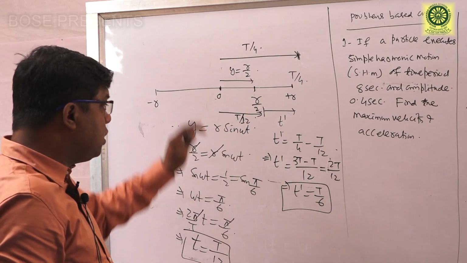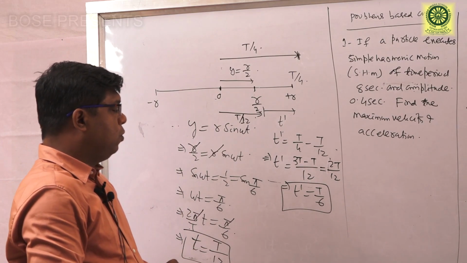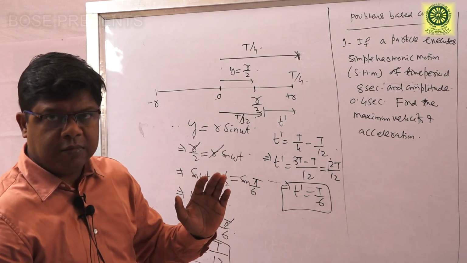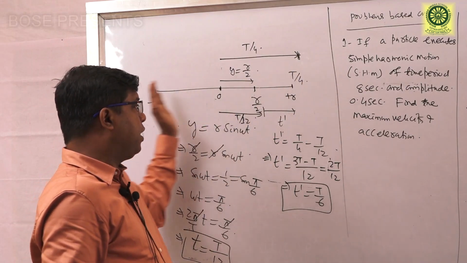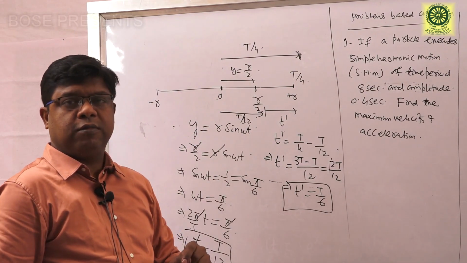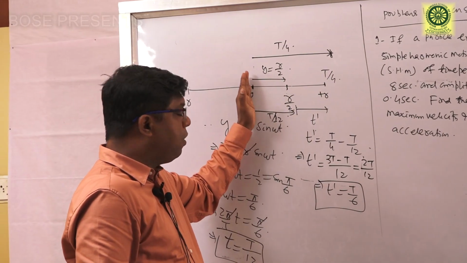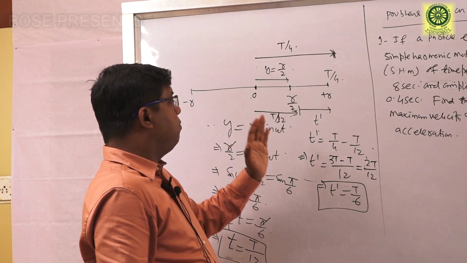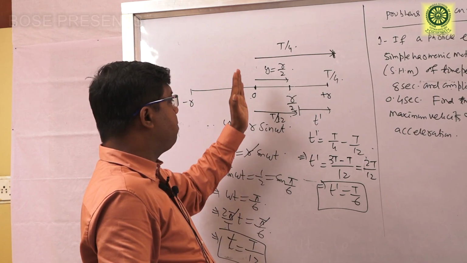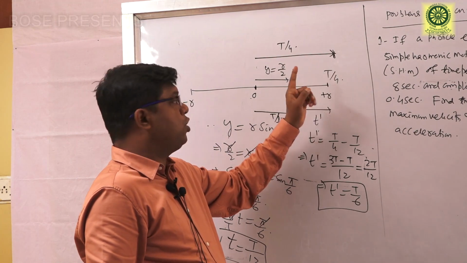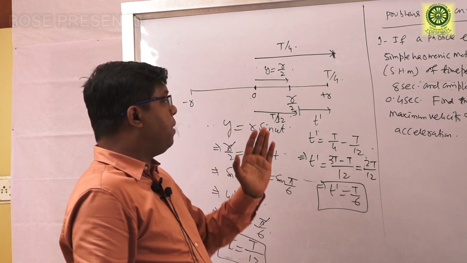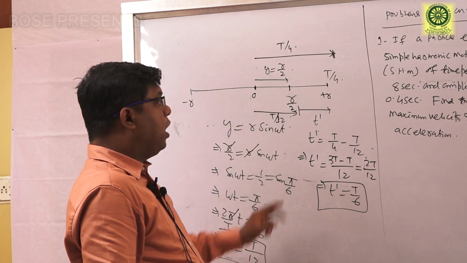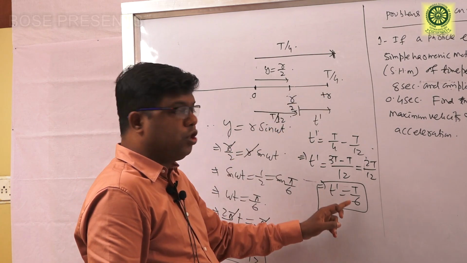So in this problem we have concluded that whenever a particle executes SHM, the time taken for one oscillation is T, for half of the oscillation is T by 2, from mean position to extreme position is T by 4, from mean position to half of the amplitude is T by 12, and from half of the amplitude to the extreme position is T by 6.